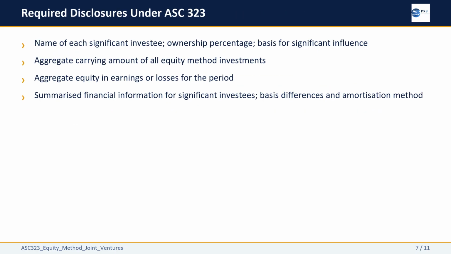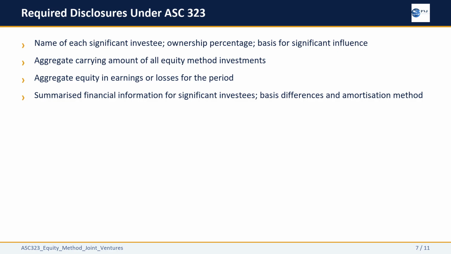ASC 323 requires substantial qualitative and quantitative disclosures for each significant equity method investment. You must identify each investee by name, disclose the ownership percentage, and explain why you have significant influence if it is not based purely on ownership percentage.